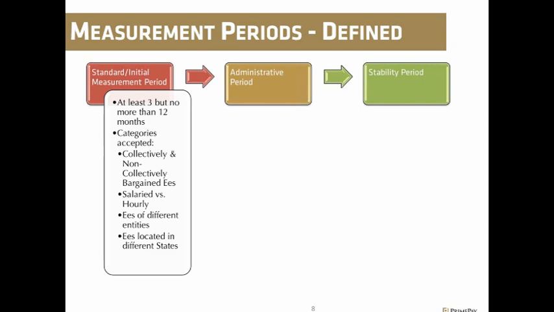So if you had a larger employer with multiple divisions or EINs, different tax ID number companies, you certainly could change the standard measurement period to fit each of those divisions or organizations if you're in a controlled group setting. And then lastly, employees located in different states. What you might implement as a standard measurement period here in Pennsylvania could be very different from the standard measurement period you need to create for your Texas location, or another location. So do know that that is certainly available.